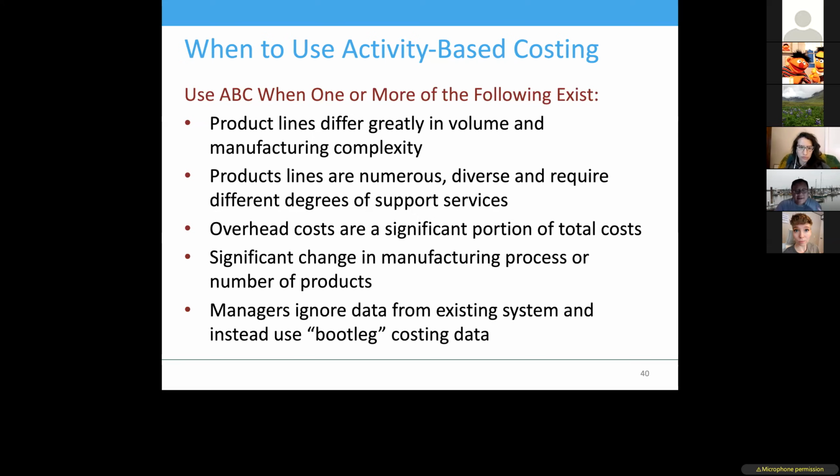Again, this is the cost-benefit analysis. You can use ABC to get a more accurate overhead allocation, but the upfront cost is a lot. It's a balance. So the whole point here is if overhead cost is a significant proportion of the total cost, it's probably worth your effort to go with ABC to get this number accurate.